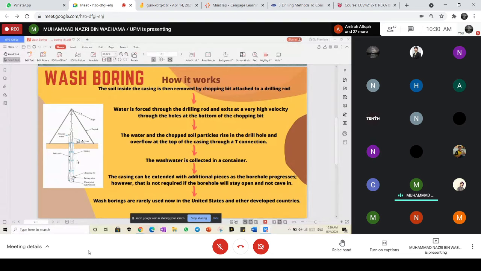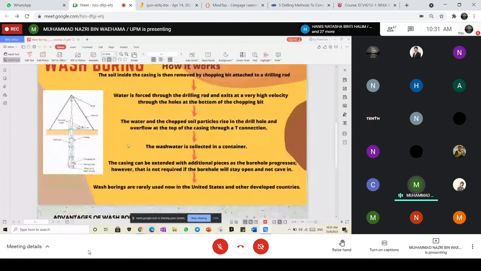Therefore, when the wash water is collected inside the container, the wash water will have different colors, and then we can analyze the type of strata. Wash boring is rarely used now in the US and other developed countries. The boring method that is mostly used is the first one, presented by the first group.